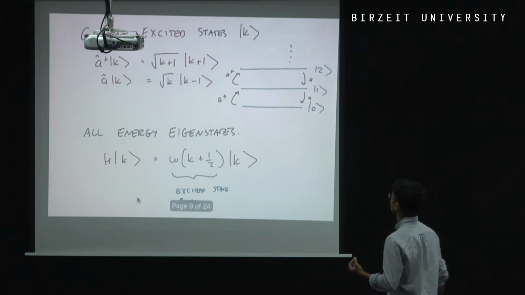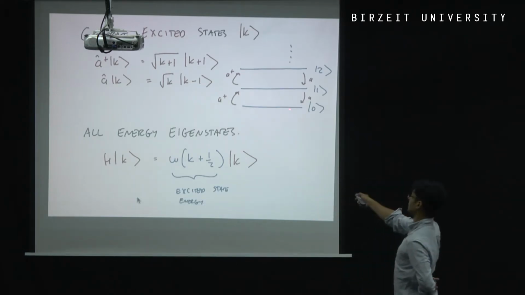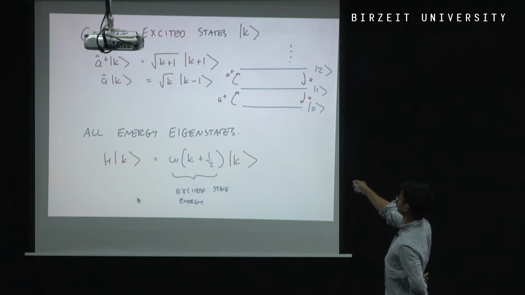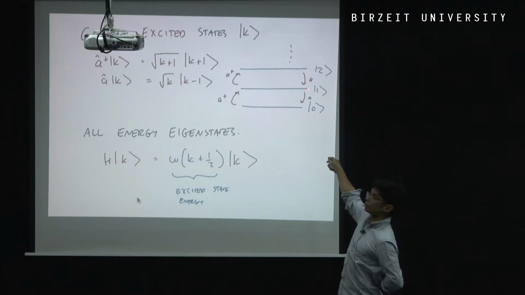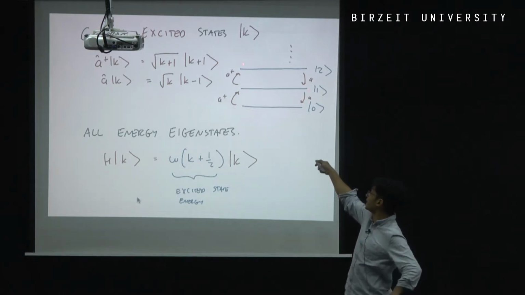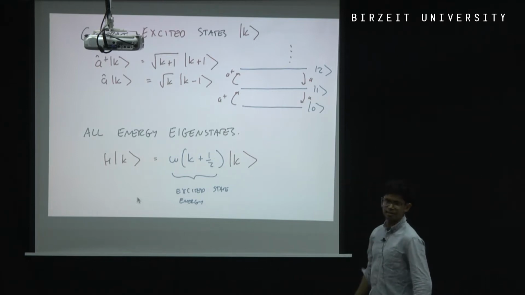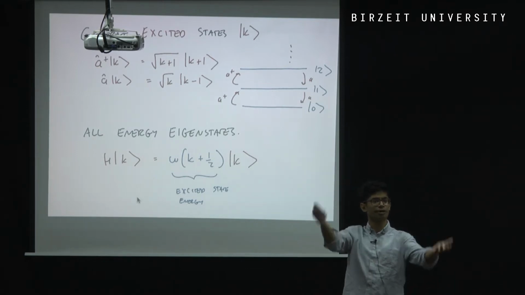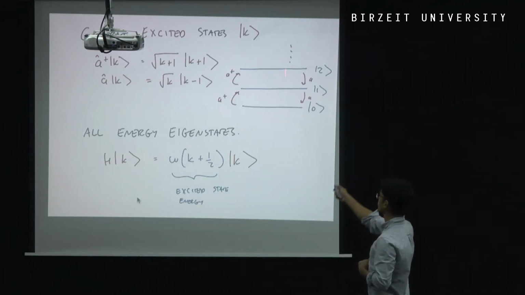Okay. So now what else do we do with this? Well, we generate excited states, right? Here we have the ground state. If you act with A dagger, you get an excited state, which I'm going to call 1. Act with A dagger again, you get another excited state. Act with A, you go down. Act with A dagger, you go up. That's why these are called raising and lowering operators. From doing this, you can generate all these energy states.